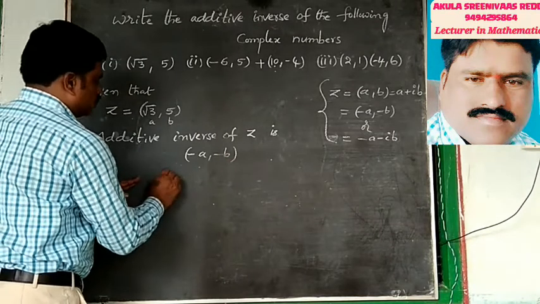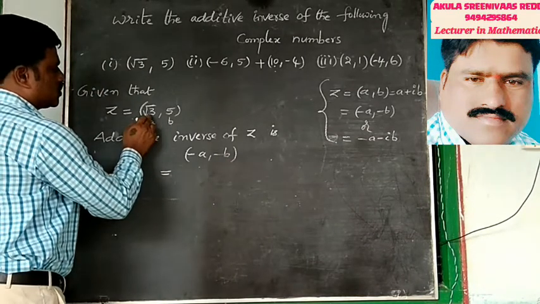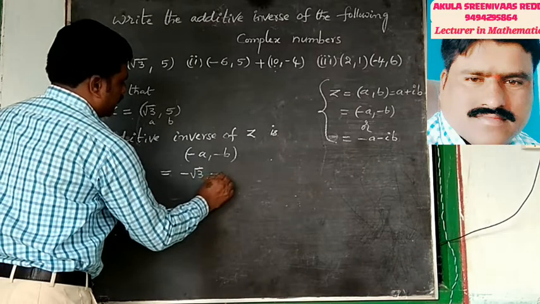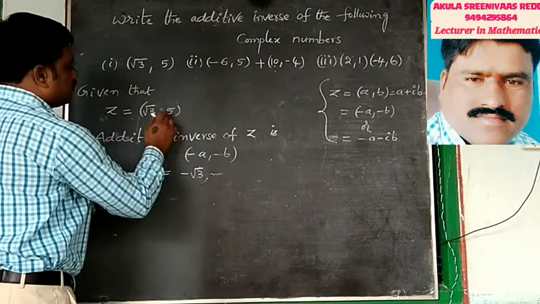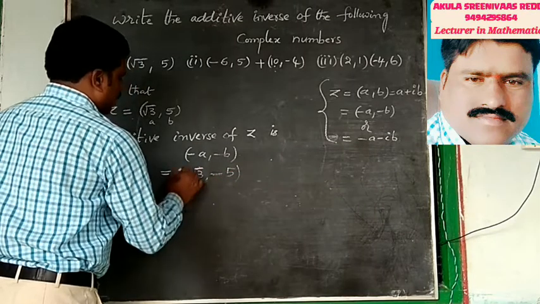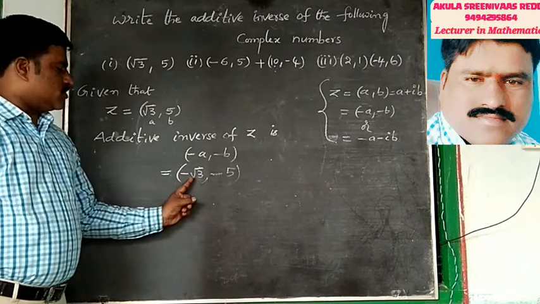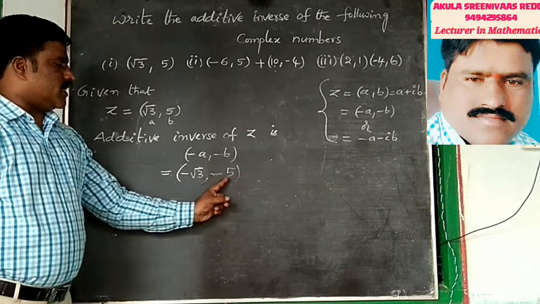That is equal to, here a value is root 3, so minus root 3 comma minus b value is 5. So additive inverse of root 3 comma 5 is equal to minus root 3 comma minus 5.